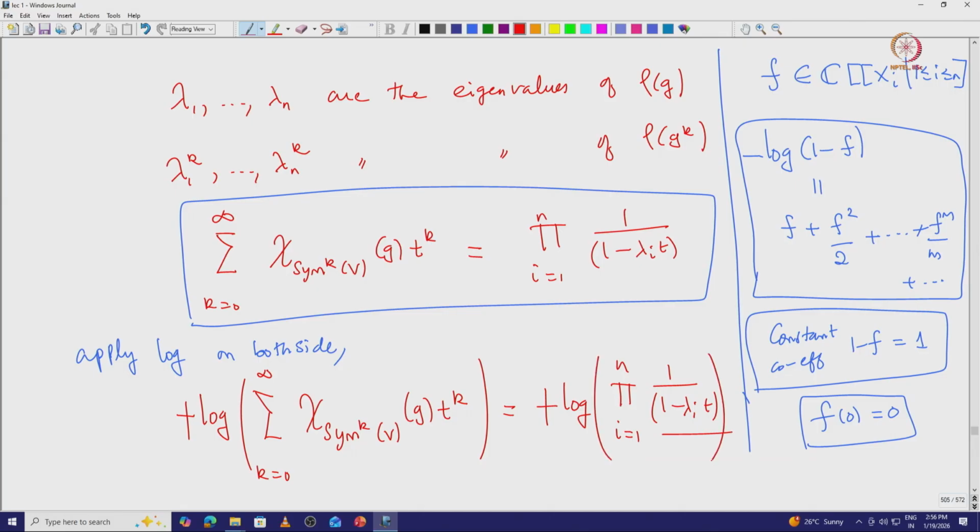So, note that when k equal to 0, we are going to get chi of Sym 0 V and t power 0, and that is exactly going to be 1, because Sym 0 of V is exactly the complex numbers. So, that character is going to be just 1, and t power 0 is also just going to give us 1. So, that way this power series, you can think that it is starting with 1.